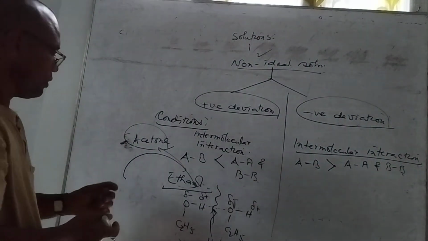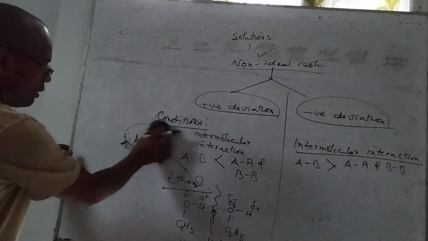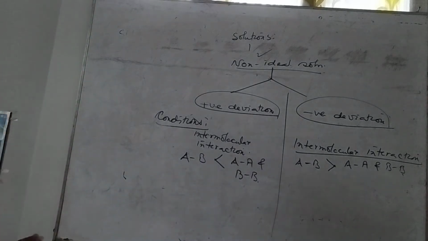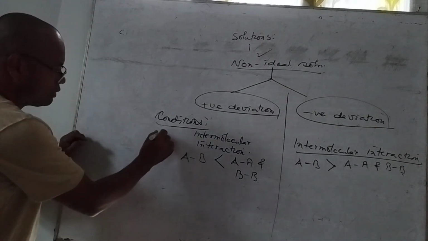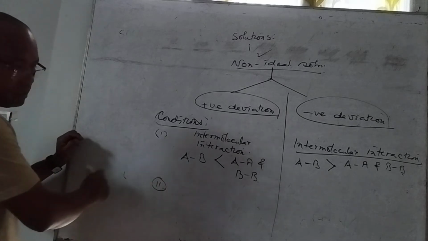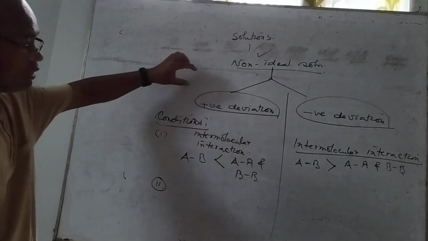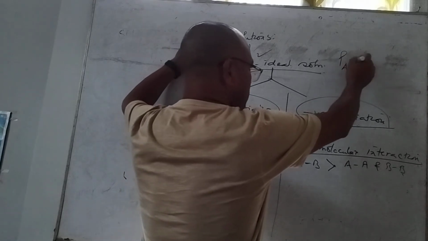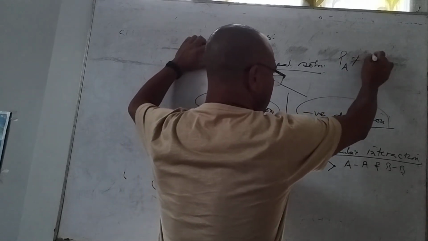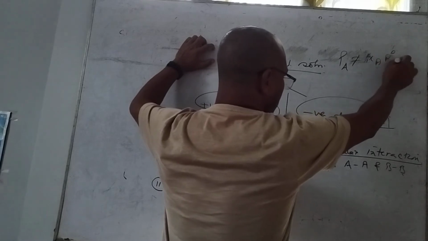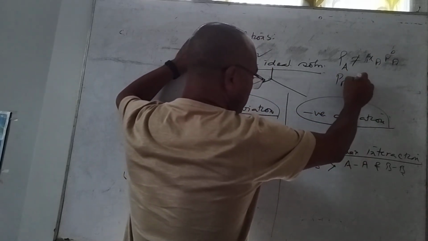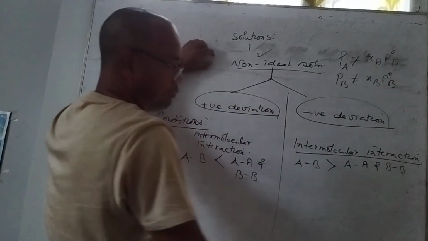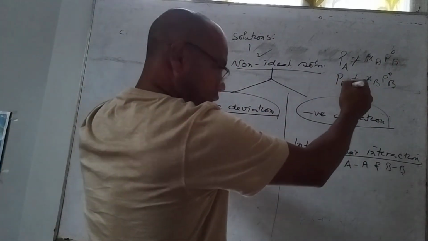Okay. So this is one of the conditions. Then the second condition. In our non-ideal solution, as I write here, PA is not equal to XA P0A, and PB is not equal to XB P0B, where not equal means greater than or less than.